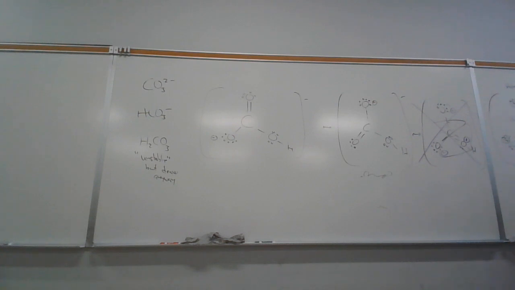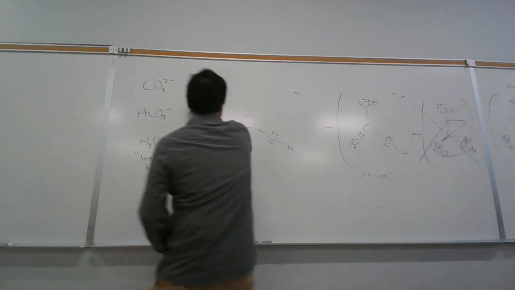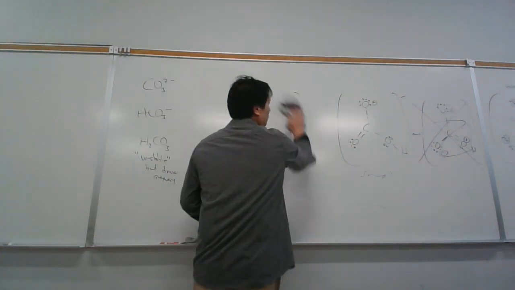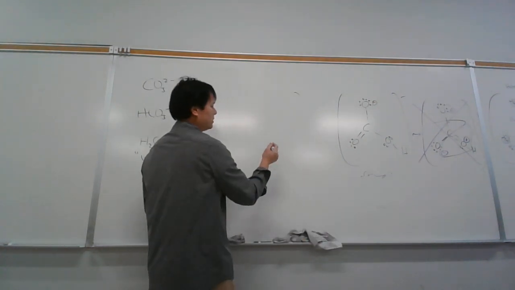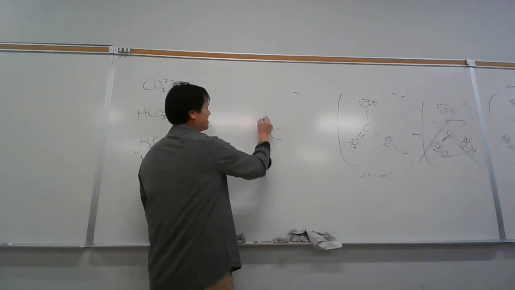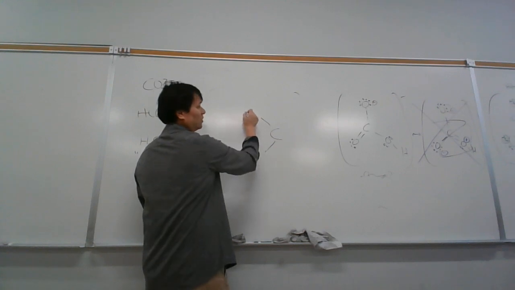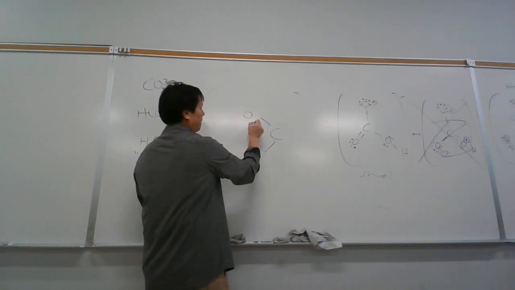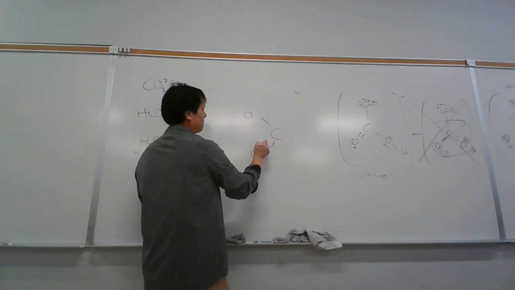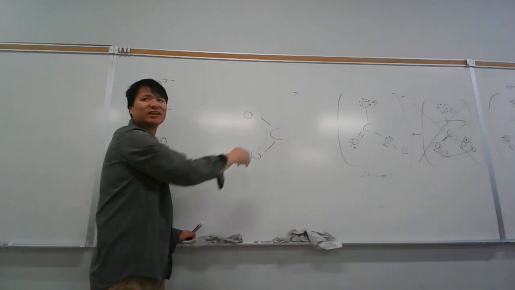Okay. Let me draw it. The way you would typically see something like that in organic chemistry is they draw it like this. You just have a dashed line throughout the whole thing.